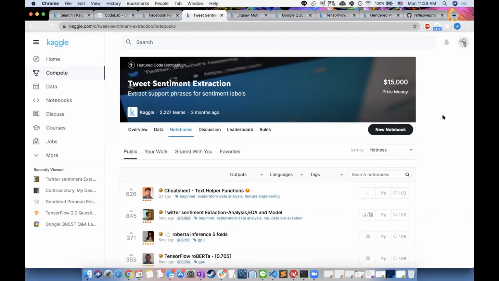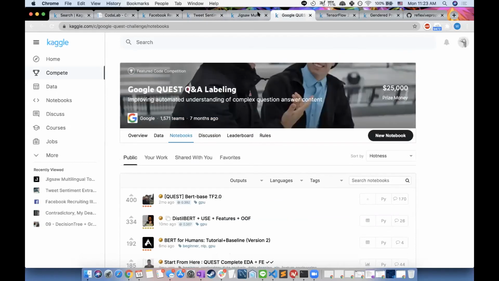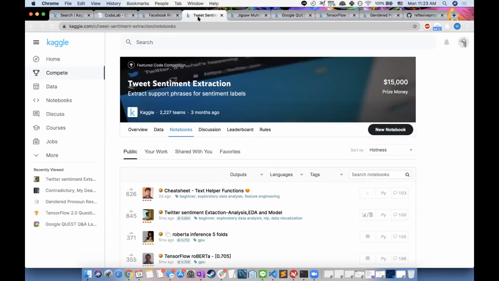I'm okay with both because it seems like TensorFlow 2 is somewhat better. Yeah. Because the competition is TensorFlow 2.0, I think we can only do it in TensorFlow 2.0. Yeah, of course.